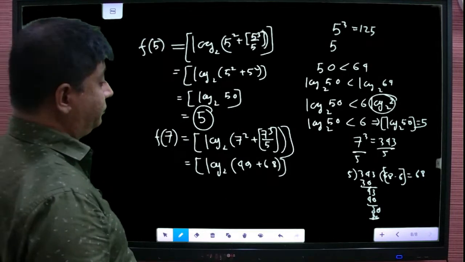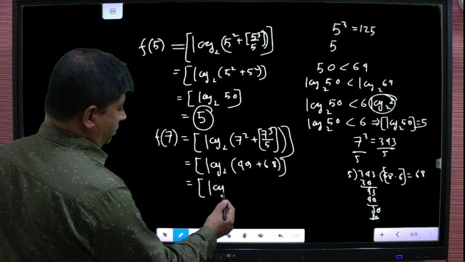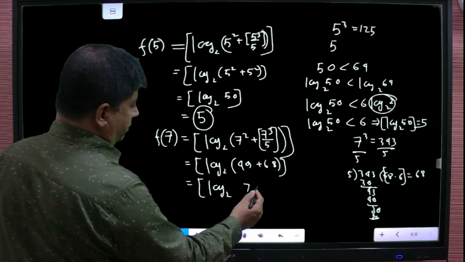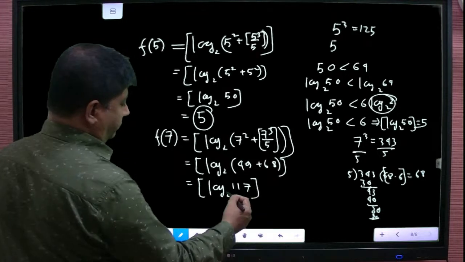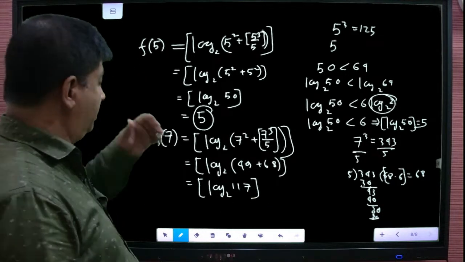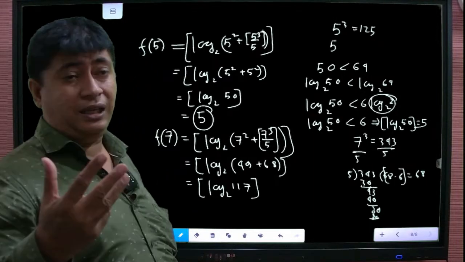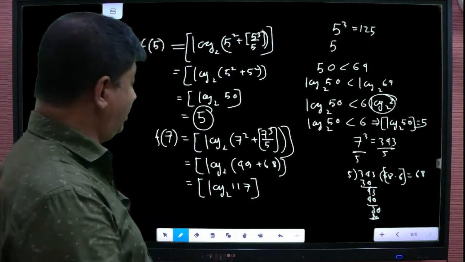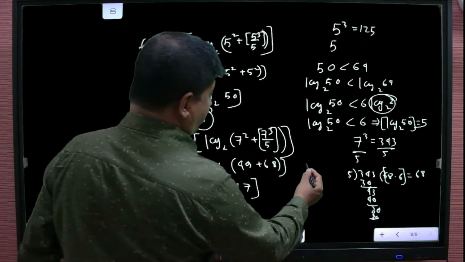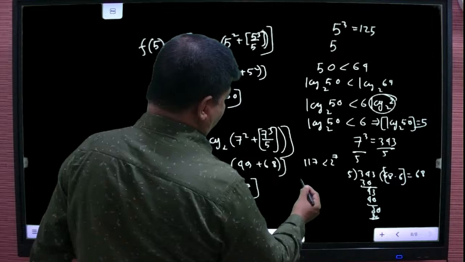Now, 117. 2 to the power 6 you got earlier, 64, 2 to the power 7, 128. See, 117 is less than 2 to the power 7.